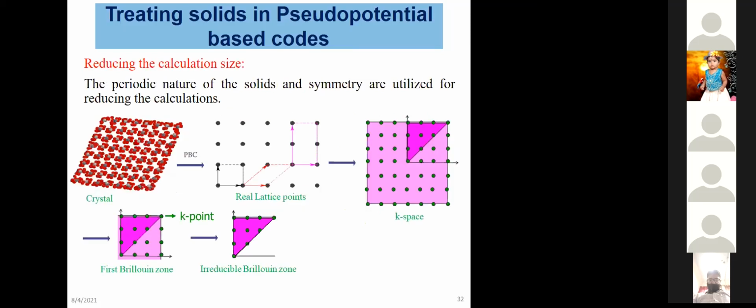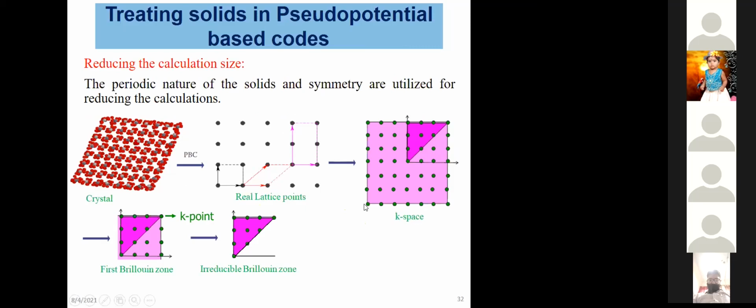So how do we do our computation for a real solid in DFT codes? We have our crystal, as you can see, and in the crystal we have our lattice points, so we can take our lattice as we want. It can be cubic or rectangular or hexagonal, whatever.